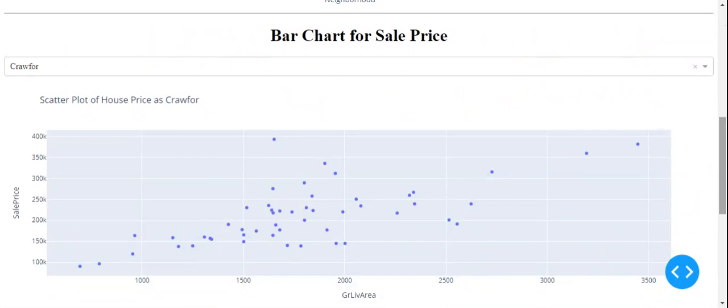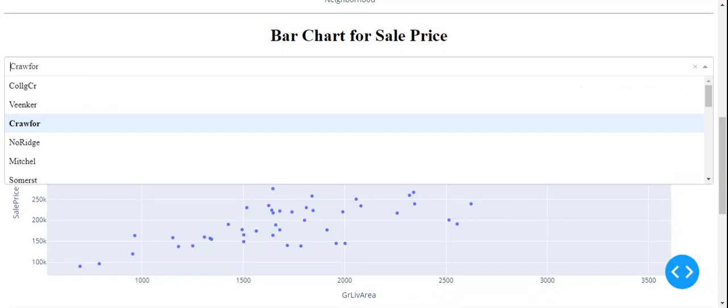We can see from this neighborhood that houses with small ground live area, that is the living area, tend to have smaller house prices compared to houses with high ground live area. They tend to have high price for their value.